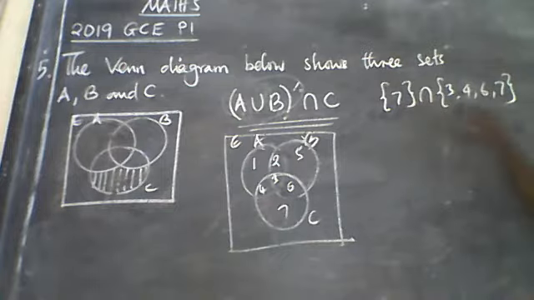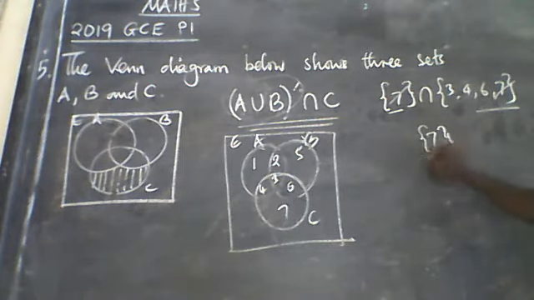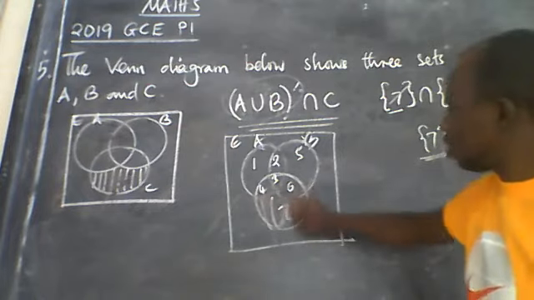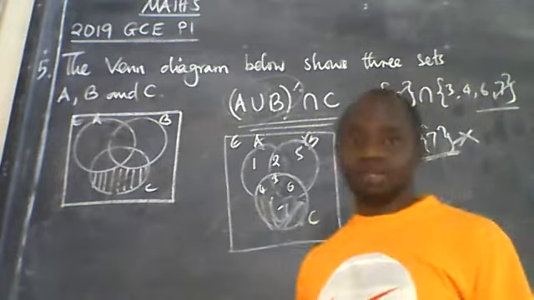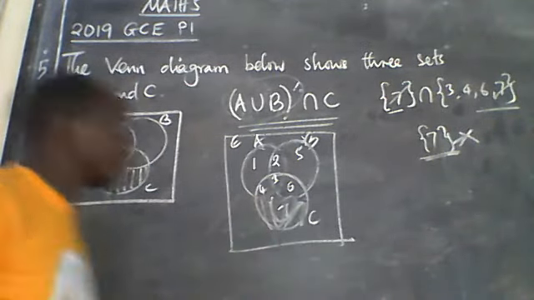Then look at the two given sets here, with the intersection symbol in between. What is common to this and this set? You find that it is 7. So my final answer there is 7. Then I'll be able to shade where this is. It is here. So you can see that this is matching that. That is how to answer these kinds of questions.